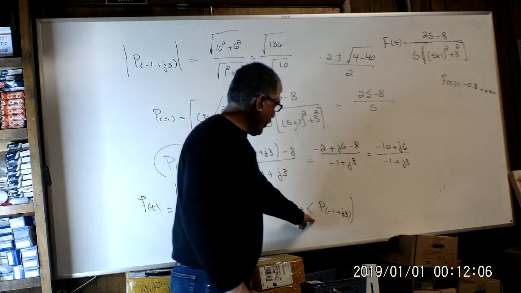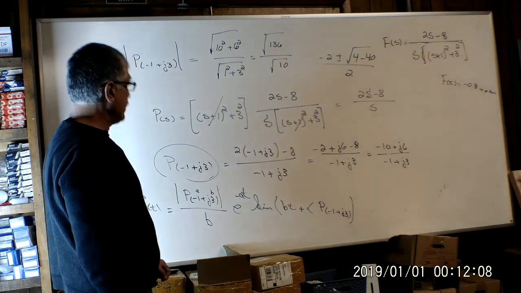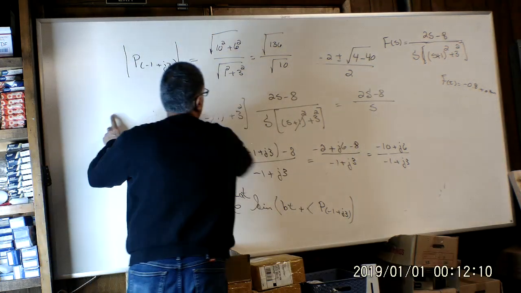Now let's also find the argument of p minus 1 plus j3.